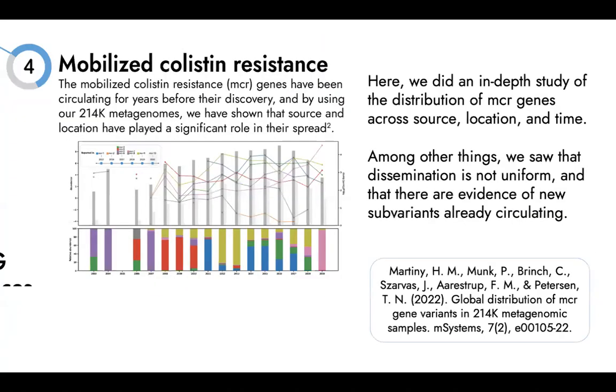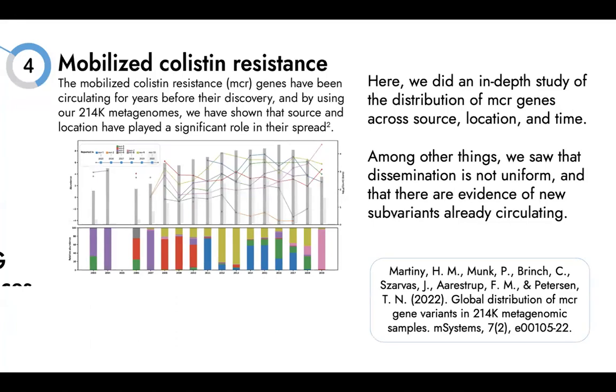So with this fourth part of the poster, I wanted to showcase our study where we really dug into the data to look for mobilized colistin resistance genes. And we wanted to look at the distribution of these genes across source, location, and time. And we actually found that a lot of these genes seem to have been circulating years before their discovery.